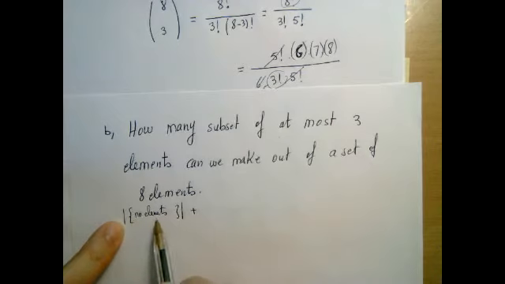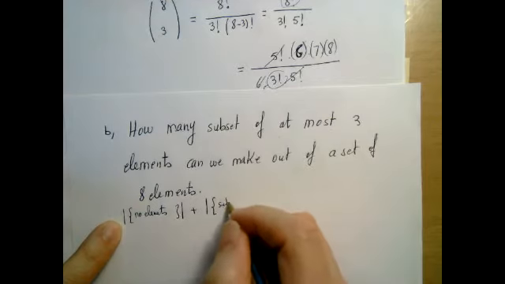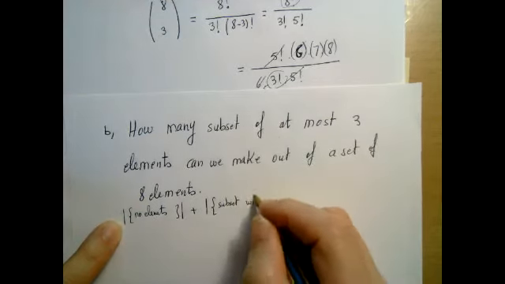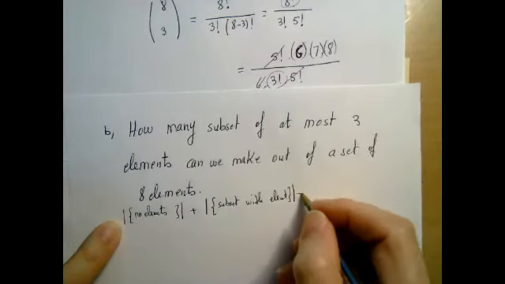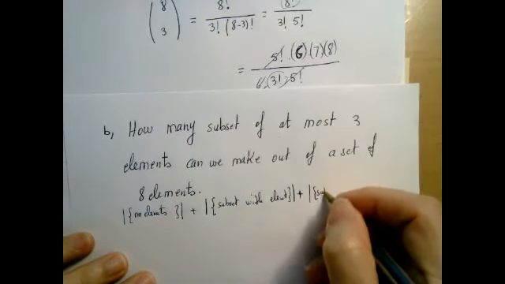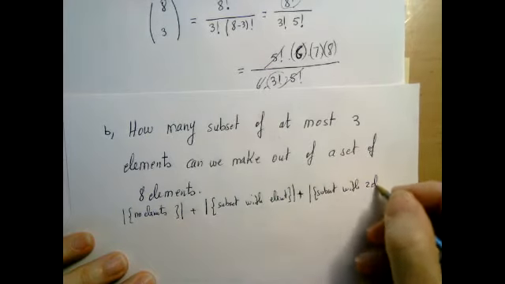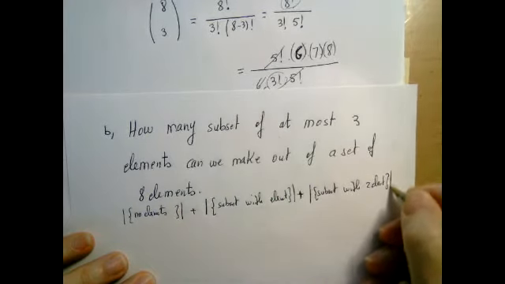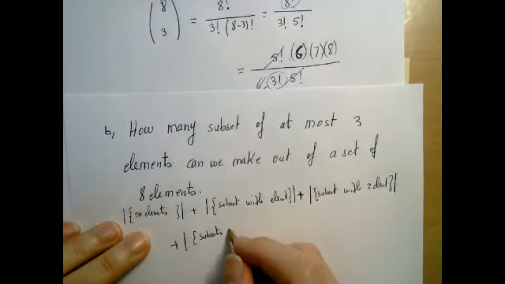The cardinality of all the subsets with no element, plus the cardinality of all the subsets with 1 element, because I want at most, plus the cardinality of all the subsets with 2 elements, plus the cardinality of all the subsets with 3 elements.